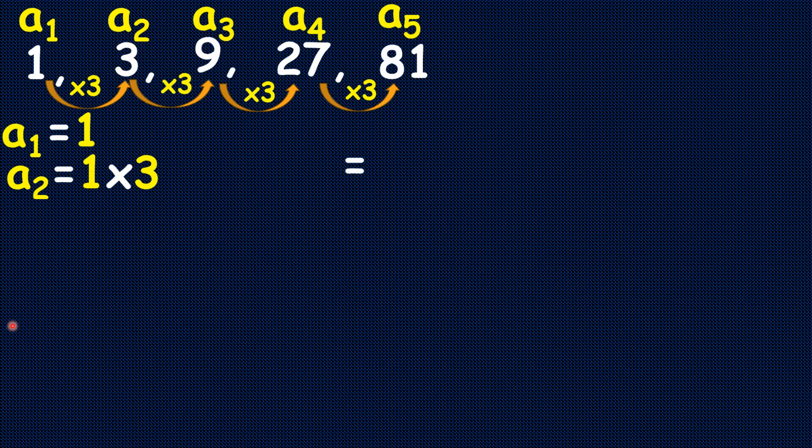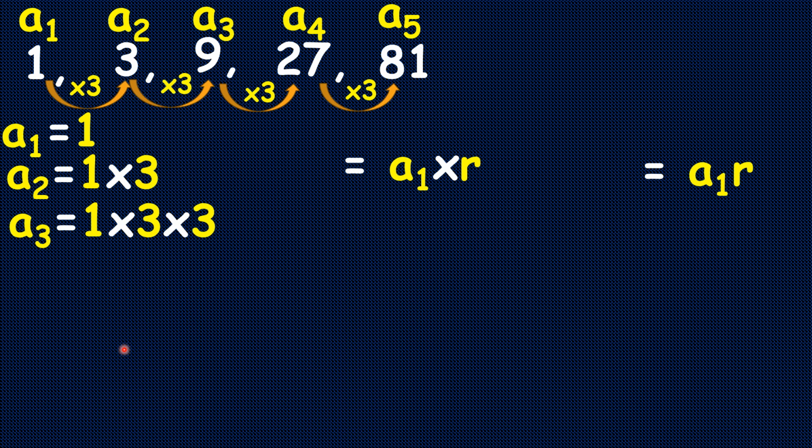Indirectly, we are multiplying 1, which is the first term, denoted as A1, by 3, which is the common ratio. So A1 times R gives us A1R. So this is the mathematical expression for the second term, A2, established by multiplying the first term by the common ratio R. So it is A1 times R, which is A1R.